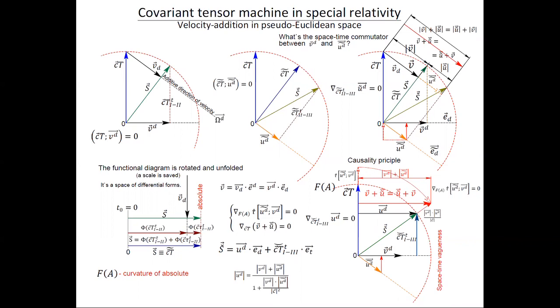I know that the invariant S can be represented by a certain velocity U, D, upper index and the relative time distance CT smile. Now I don't know the invariant of actual velocity UD, but I know the direction.